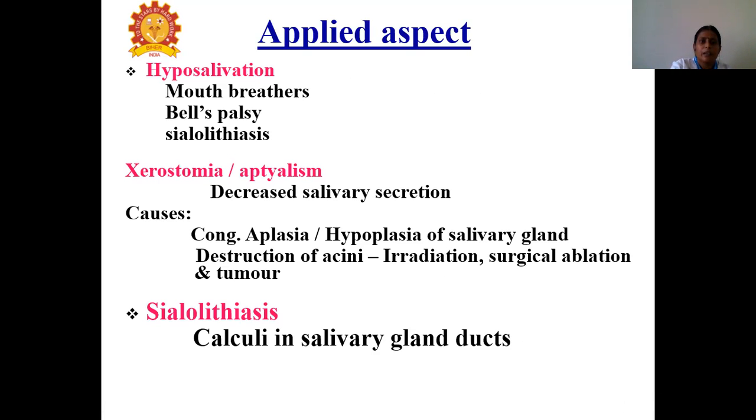Applied aspect: hyposalivation, decreased secretion of the saliva. It is mainly seen in mouth breathers, Bell's palsy, sialolithiasis. Xerostomia or ptyalism, decreased salivary secretion. The causes are congenital aplasia, hypoplasia of salivary gland, destruction of acini by irradiation, surgical ablations, and tumor.